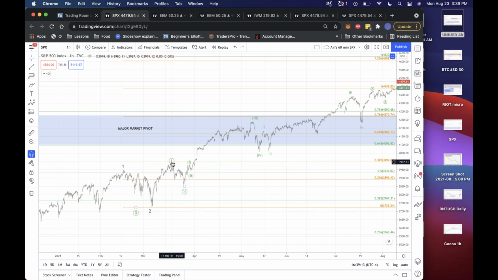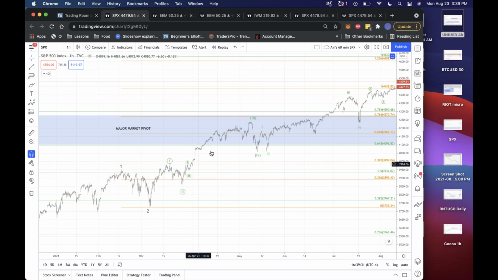In this case, our wave 1 here came just shy of the 0.382, close enough. Again, these standard target regions are not rules per se, but they are general guidelines. And this came close enough and got another clearly corrective 3-wave pullback into the late March low.